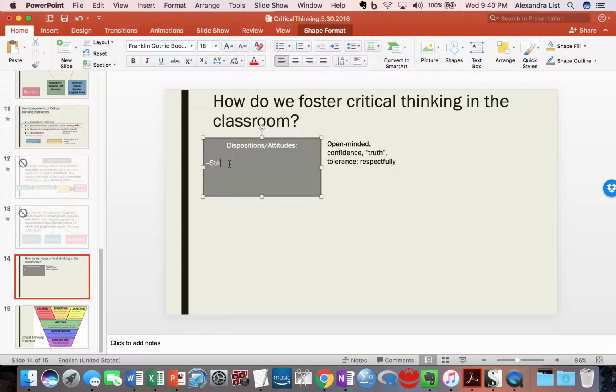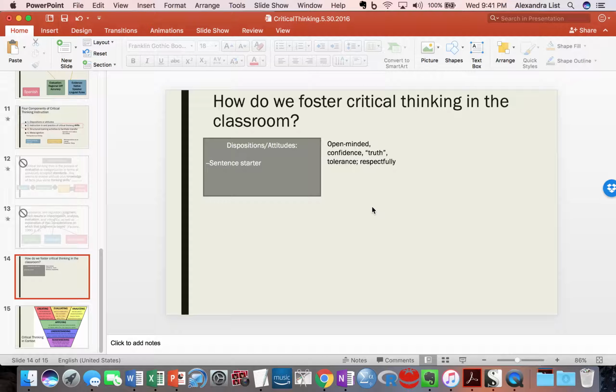One way that I like to do that is to talk about sentence starters. That's a way of helping students to structure their disagreement. I teach students that, in this class, we don't use words like, you're stupid. What we say is, when we want to disagree with each other, we want to do that respectfully.